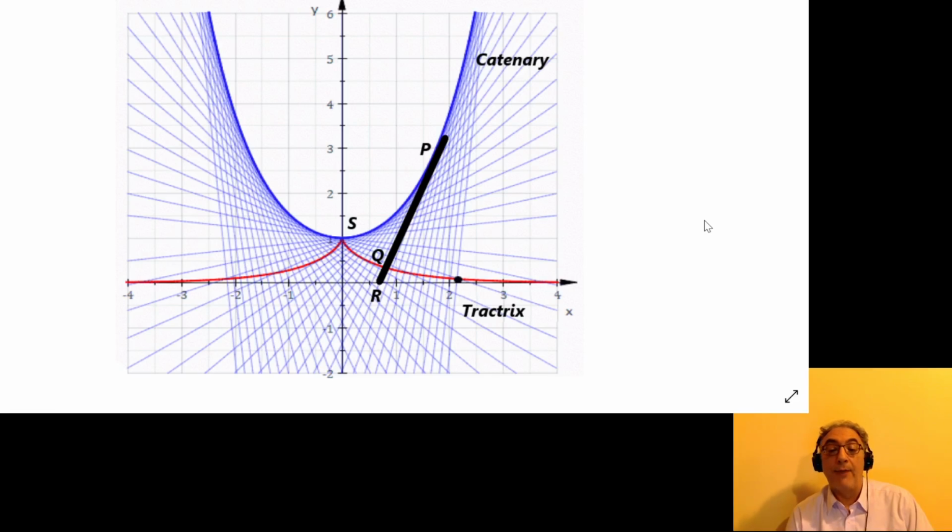But the case of the negative curvature, thought in terms of our screen, emerges out of this subtle relation between the catenary curve and the tractrix curve.